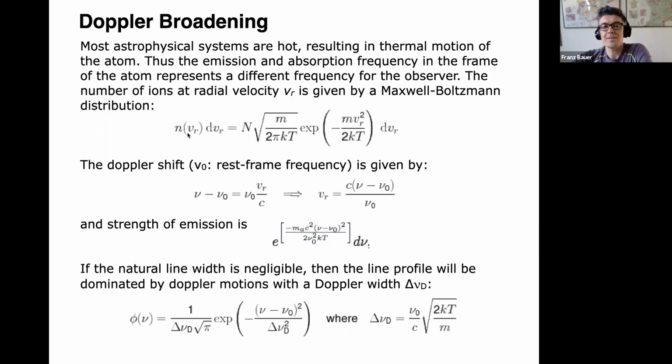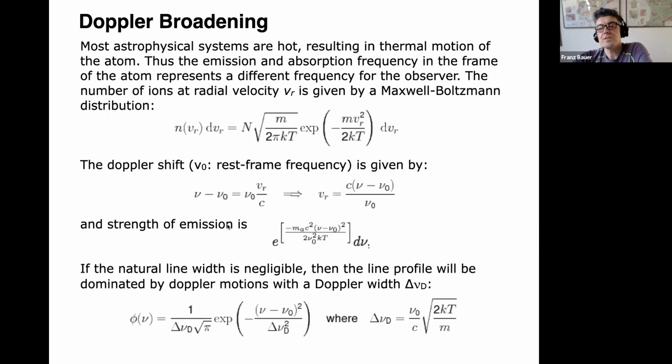So the number at a given velocity is going to go as this functional form, right? So the number of total atoms related to the square root of its temperature, and then some exponential for the tail of the distribution. And so the Doppler shift is just the shift in the frequency as a function of Vr, right, divided by c.